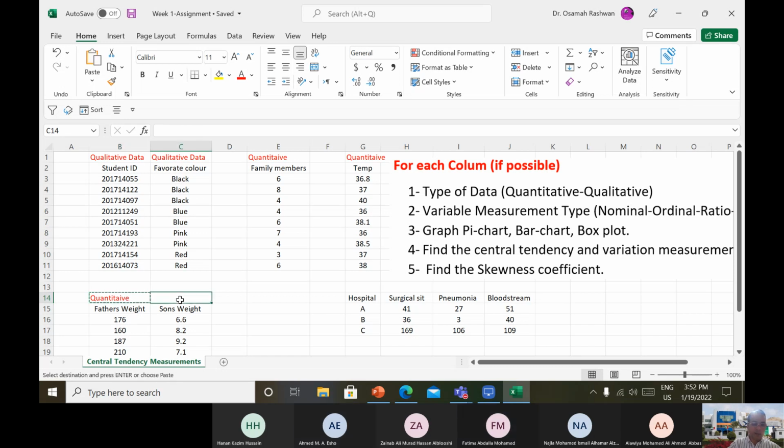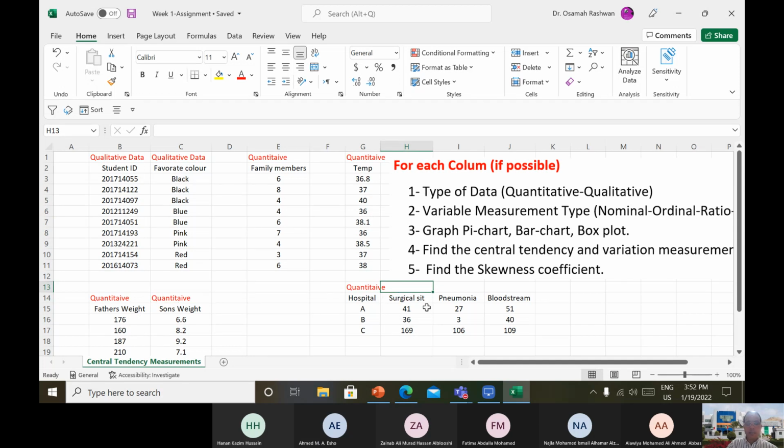Now I go for hospitals A, B, C, like you can call Fujairah Hospital, Sharq Hospital, what else? Khalifa Hospital. So is this quantitative or qualitative? The names. Qualitative, yes, because you cannot add them. Excellent, good.